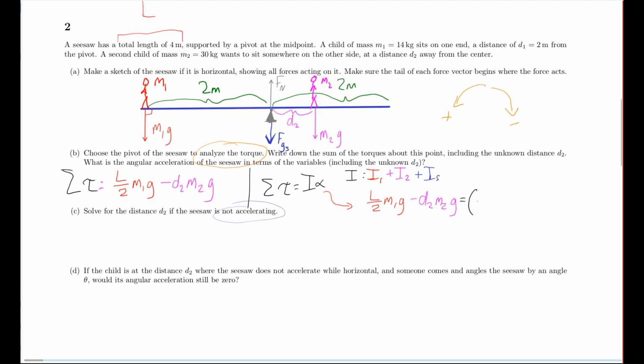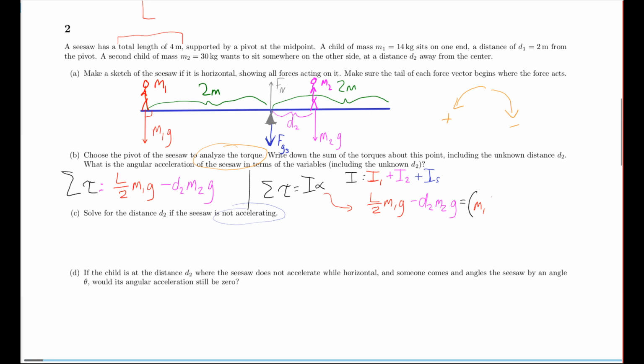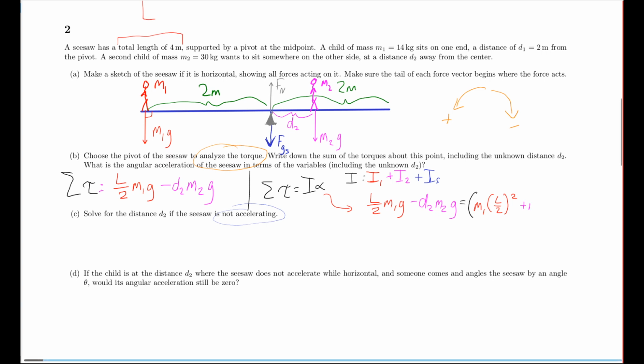So this is going to be m1 L over 2 squared for the red child, plus m2 d2 squared for the pink child. And then the moment of inertia of a long object is 1/12 ml squared. So this is going to be 1/12 mass of the seesaw times its length squared. Again, I don't know that, but that's fine. Times alpha.